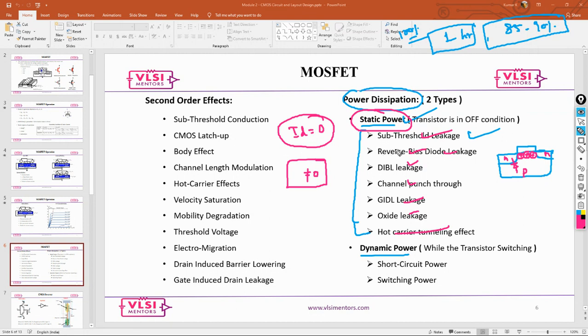So, any question on static power? Now remember, your power is equal to P static plus P dynamic. Now when you say P static, your VDD, that is going to be your regular VDD.